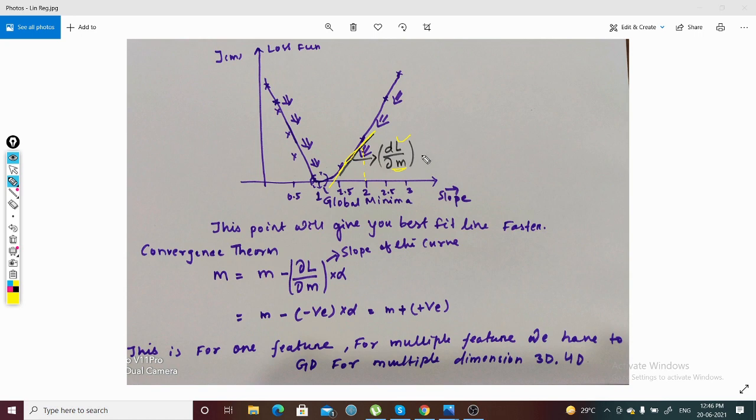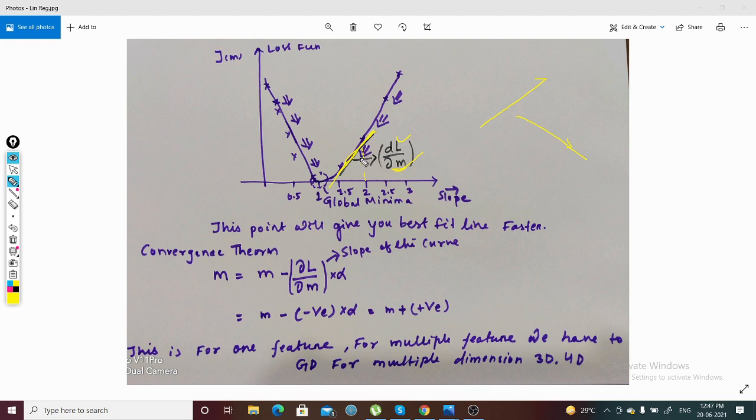This is nothing but the slope, or the slope of the tangent of the curve. If we change the coefficient value, the loss function is going to increase or decrease. If the tangent goes up like that, it is an increasing manner. If the tangent falls like that, it is a decreasing manner. As you can see, here the tangent is increasing.